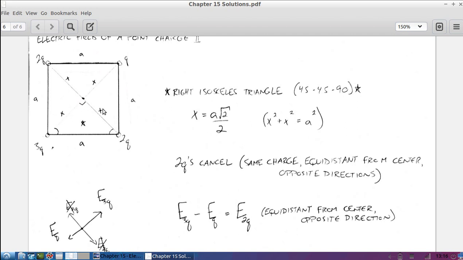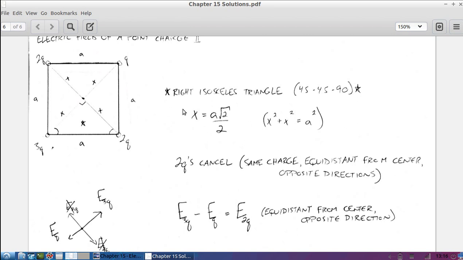These two sides are the same, so x squared plus x squared is a squared. Okay, so I'm using the Pythagorean theorem. If I add these two x squareds up, I get 2x squared. Now, if I solve that for x, I would divide both sides by 2 and take the square root of both sides, and I get an expression for x, which is a root 2 over 2.